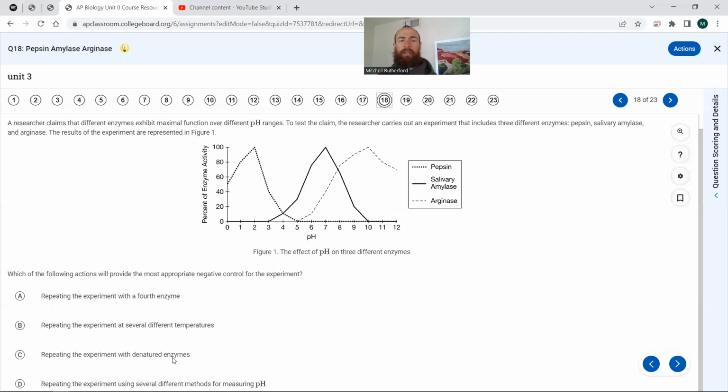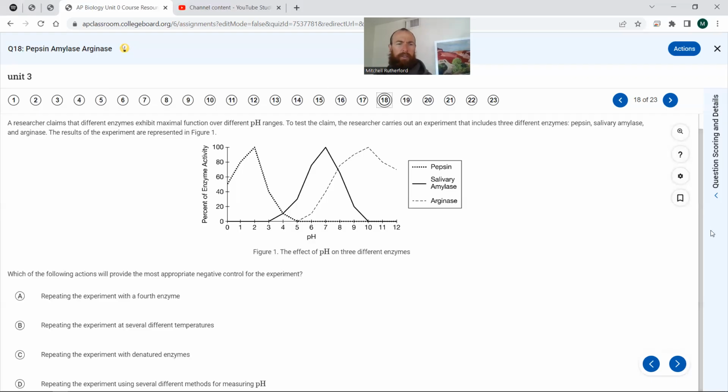Maybe, but again, I don't think that's negative control. C might work there because we're just kind of like, okay, if we break the enzymes, then will they still be active at different pHs? Gosh, a negative control. We're going to have to see their explanation here.